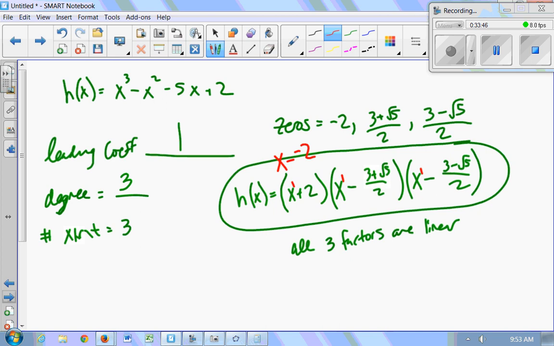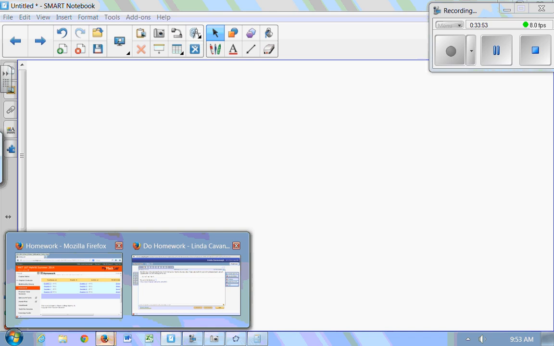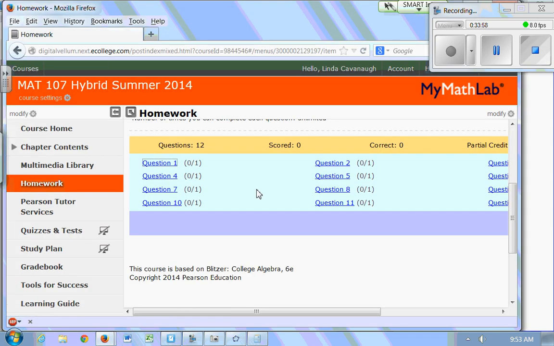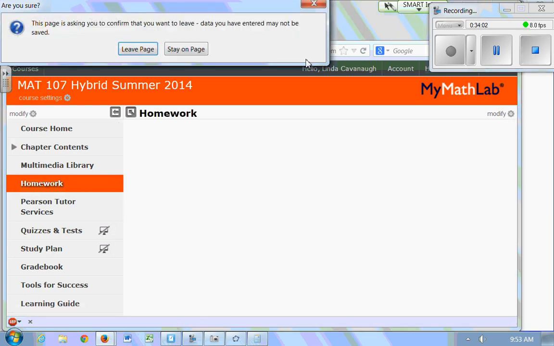Okay, one more. Class 29, number 12. Okay, so that's class 30.